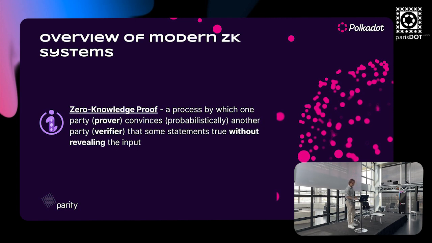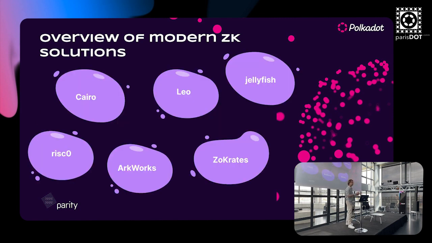And there are different flavors of zero-knowledge solutions and ways you can use them. There are libraries, high-level languages, low-level languages, domain-specific languages, and embedded domain-specific languages like Leo and Circom, and they target different architectures and different ecosystems.